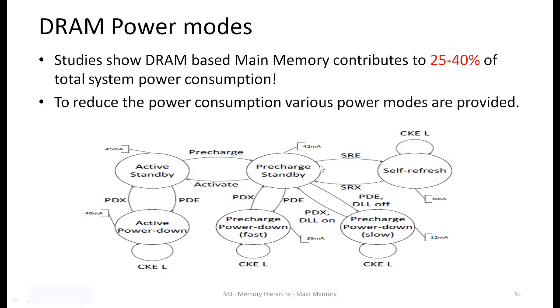And extending that, we have a self-refresh mode wherein the DRAM has the data, but the core will not be able to access it. The best example for self-refresh is when we put it in sleep mode. The data is still there in the DRAM, but it will not be used by the core because the core itself has been shut down.